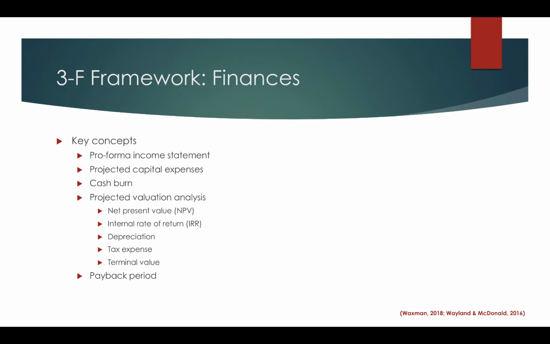The pro forma income statement would forecast revenues, expenses, and profits and/or losses. The projected capital expenses represent the equipment and incidental charges for installation. The cash burn are expenses realized prior to bringing in income.